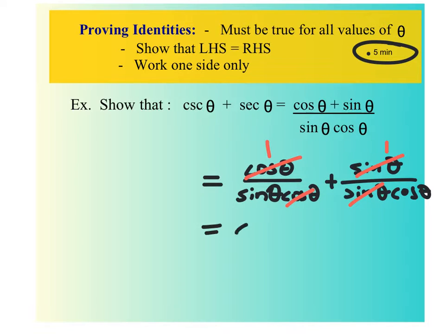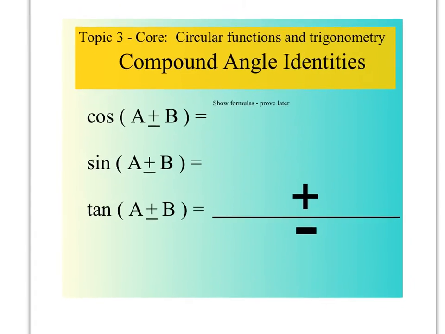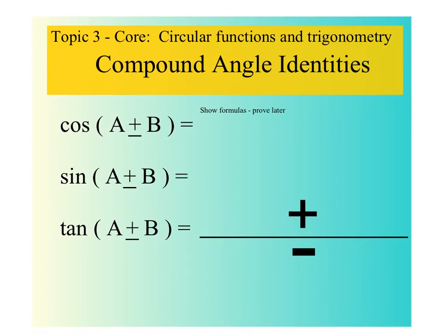And 1 over sine theta is cosecant theta. And 1 over cosine is secant theta. I've now shown that the right hand side is equal to the left hand side. And I can go ahead and put my signature on there. Sweet.